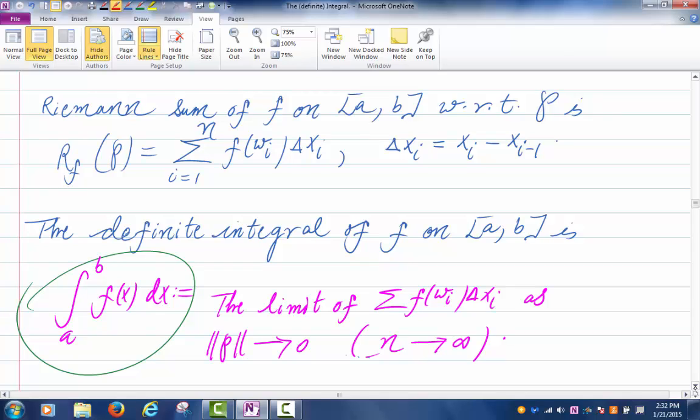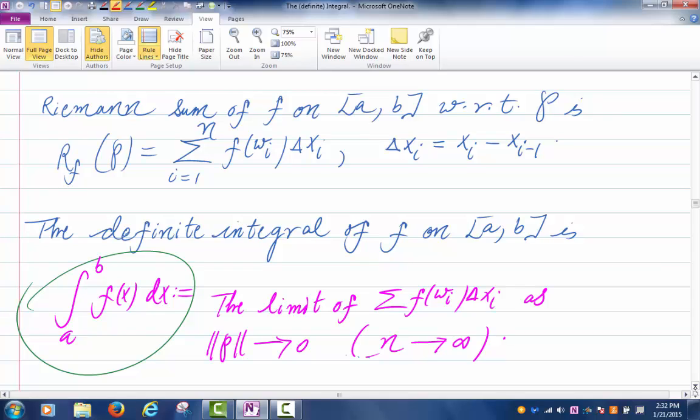Now, if the definite integral exists, we are going to say that f is integrable. If the integral doesn't exist, then we are going to say that f is not integrable. Integrable means this quantity exists. Am I making sense? So we know for some functions it may not exist. For some functions it will exist.